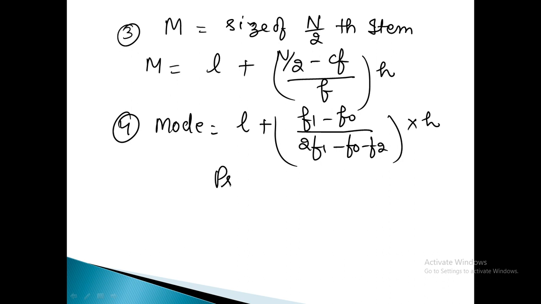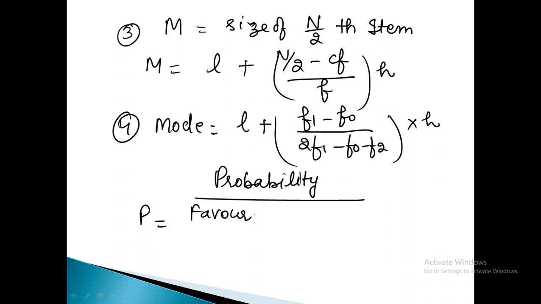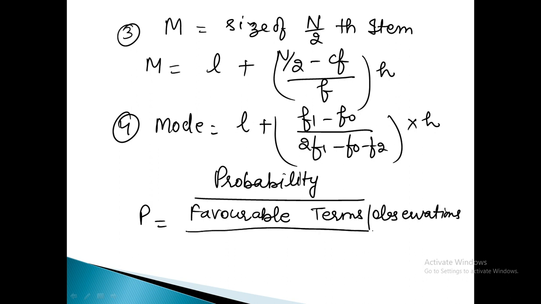And the last formula of this video is probability. For calculating probability, we will use this formula: favorable terms, or you can say observations, over total observations, or you can say total outcomes.